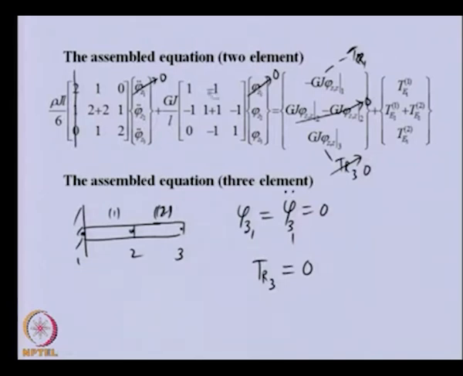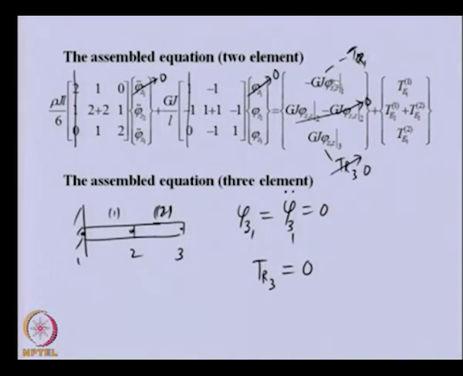Similarly, here this will multiply to this particular row, and this will get deleted. Now, on the right hand side, in the reaction torques, the second one is 0, the third one is 0. Only the first one contains the reaction torque at the support, which is unknown to us. External torques will be known to us.